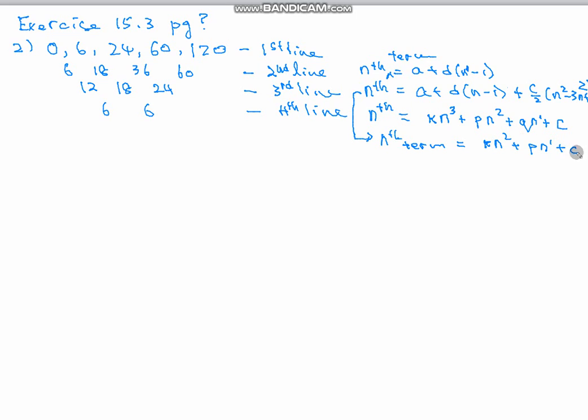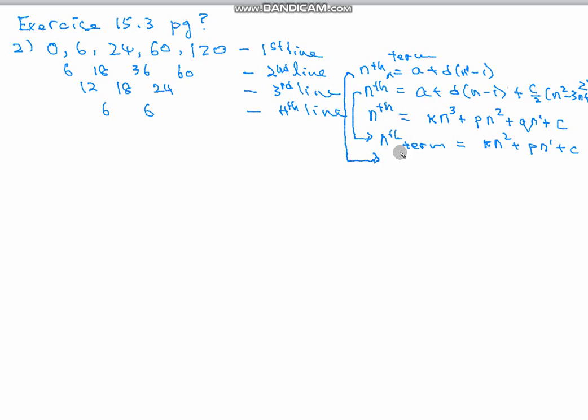Whether you have n or constant depends on the sequence. You have fourth line constant, you must have n cubed. n squared, n, constant not necessarily must exist. Whether it's there or not will depend on the sequence itself.